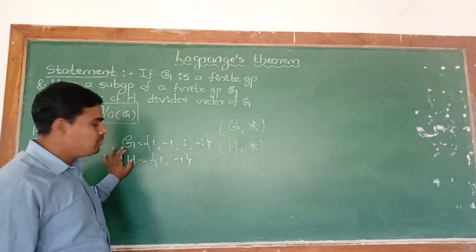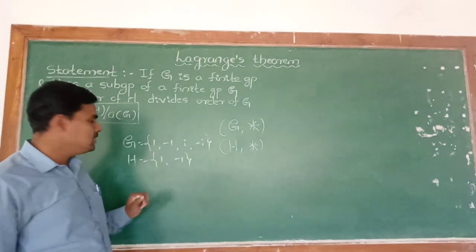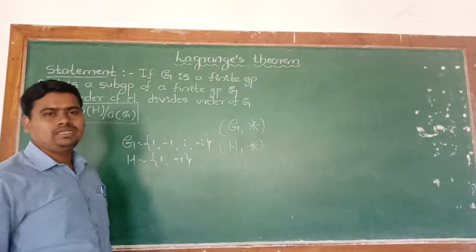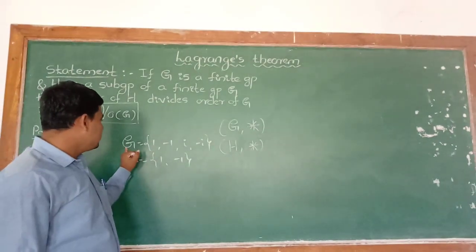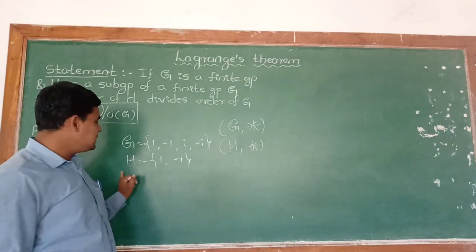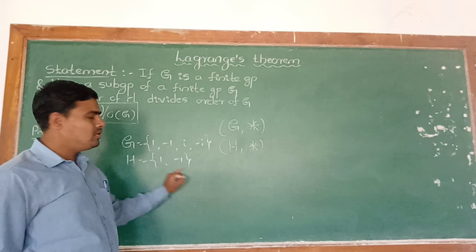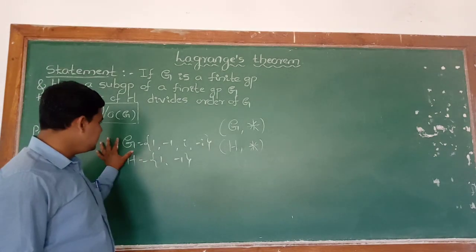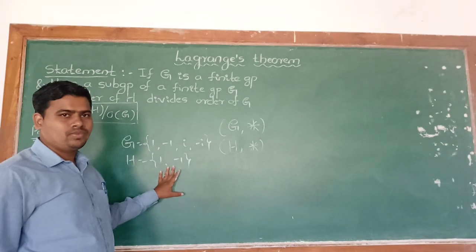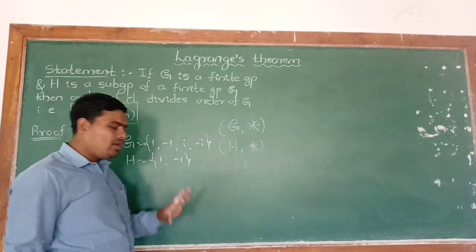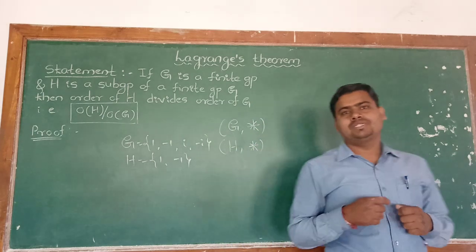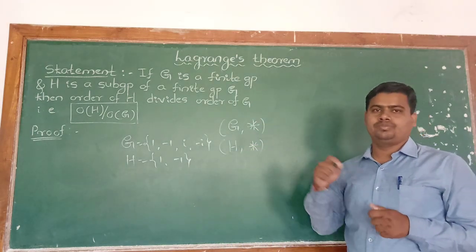G is a group with respect to multiplication and H is a subgroup of G with respect to multiplication. Here, this group G contains 4 elements. H contains 2 elements. Therefore order of G is equal to 4 and order of H is equal to 2. That means the order of a group G is nothing but the total number of elements present in the group.